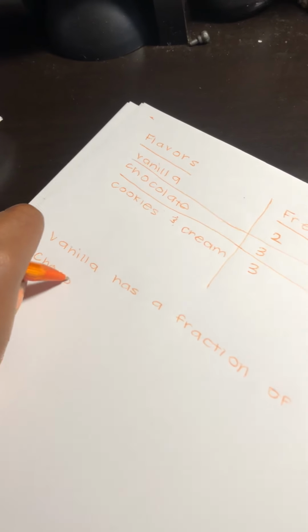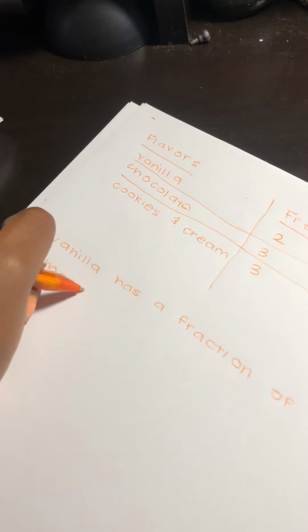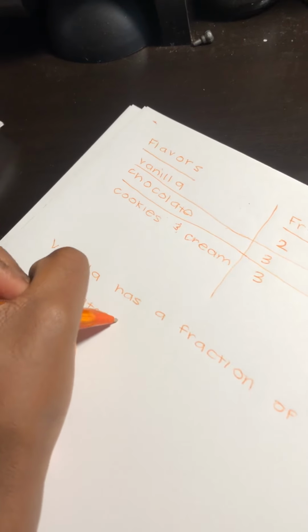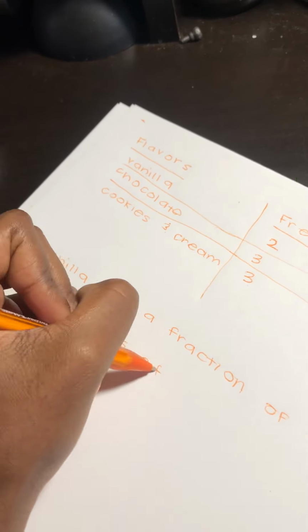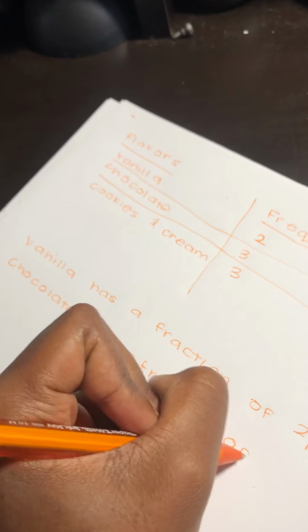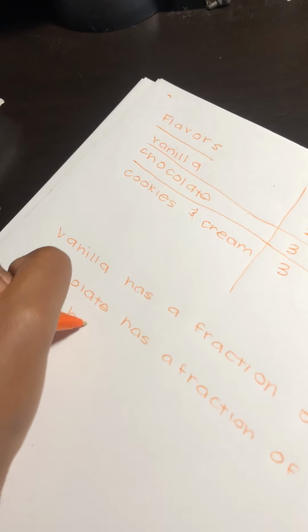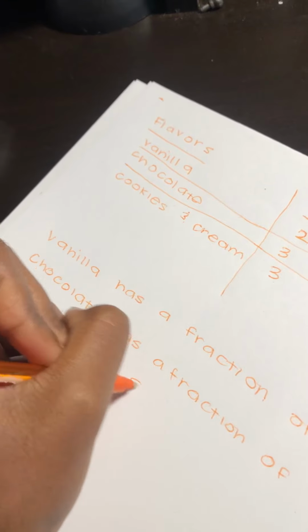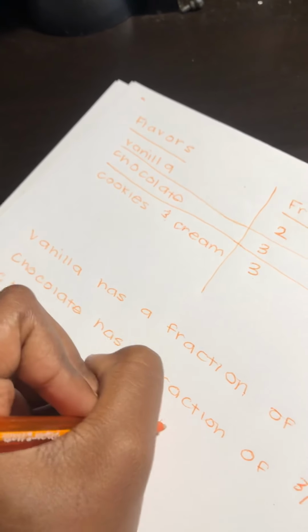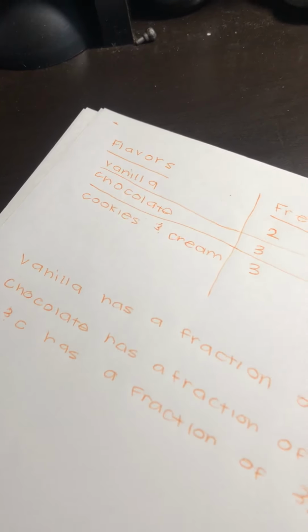Chocolate has a fraction of 3/8, and cookies and cream has a fraction of 3/8 also. After you've done that, you turn those fractions into decimals.